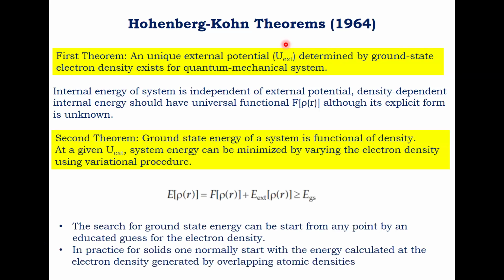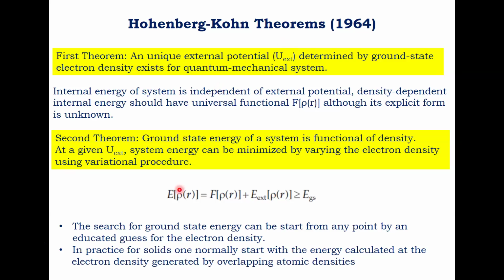The second theorem says that the total energy of the system can be represented as a functional of the density, which is granted by the first theorem. So the second theorem writes the total energy of that quantum mechanical system in terms of the density functional, granted by the first theorem.